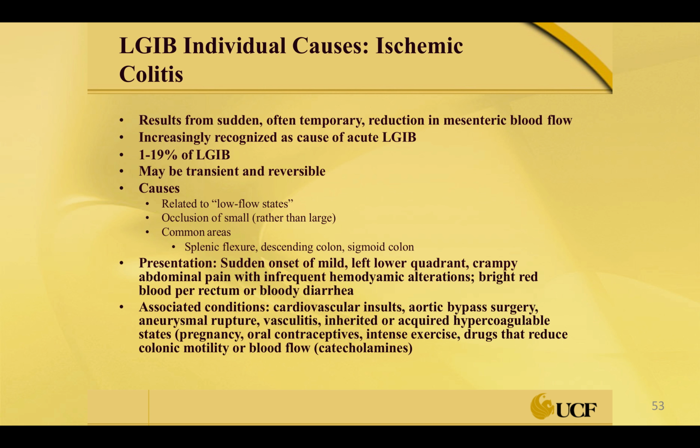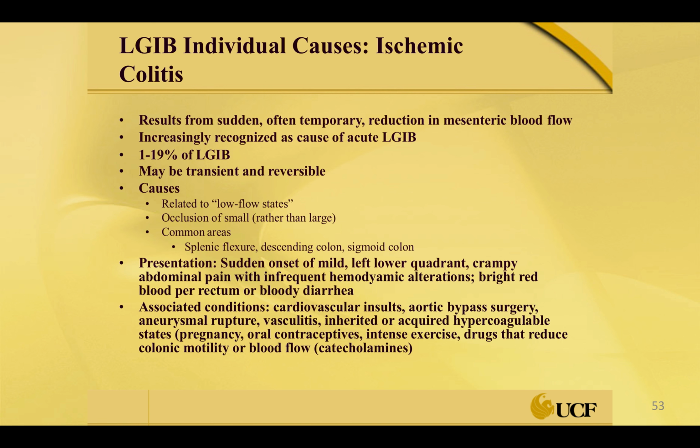Another individual cause is ischemic colitis. It can result from sudden, often temporary reduction in mesenteric blood flow. It has been increasingly recognized as a cause of acute LGIB with an incidence of 1 to 19% of LGIB.